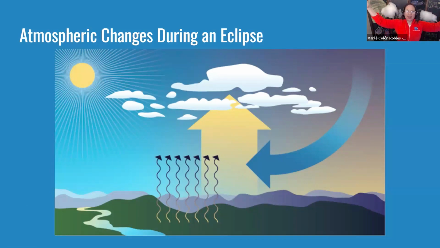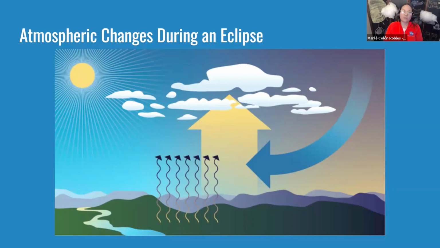And now, like we saw in the video, there's going to be changes not just on the amount of light, but also around you as the moon covers the sun. Sun gives us light and gives us heat, and that heat is the one that warms the ground and produces that heat that comes up and produces clouds.